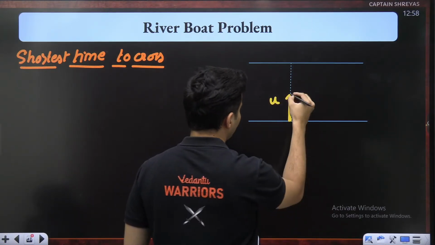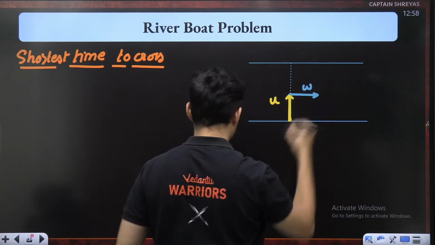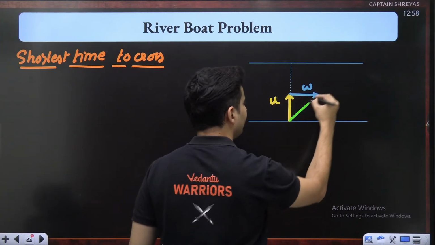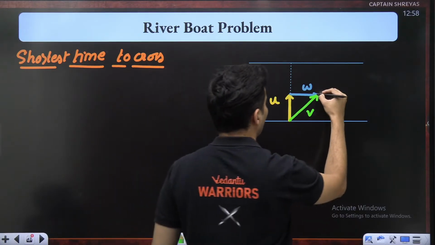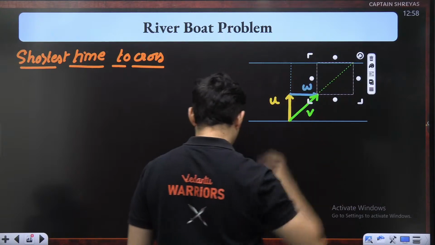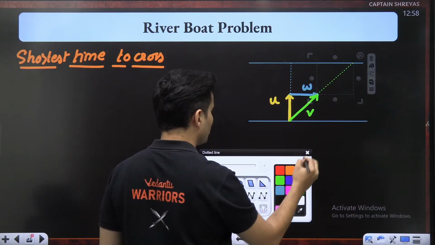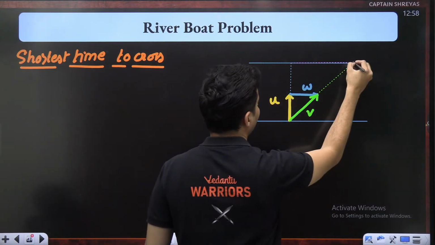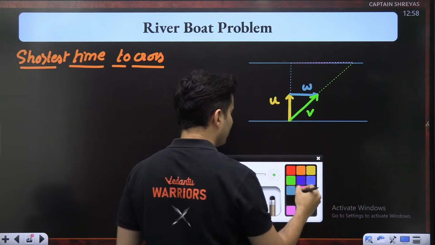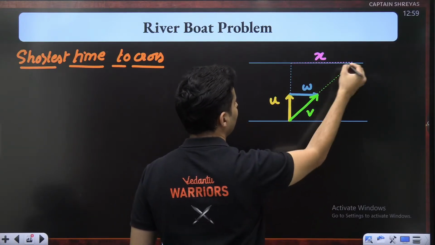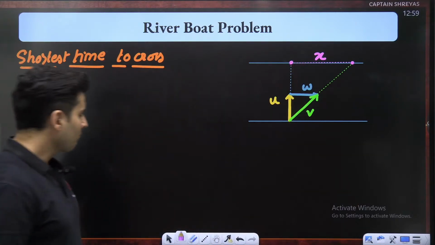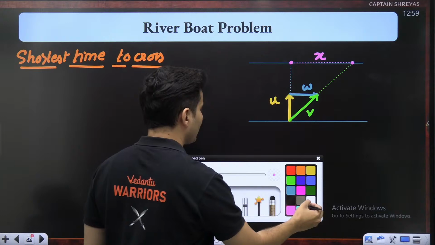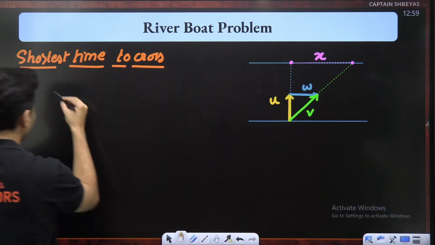The water flow will be here and your resultant will be here like this, but you will now end up drifting. That's okay. It is acceptable, not an issue at all. I am aligned with it. So there will be 100% some amount of drift over here between these 2 points. Is that clear?